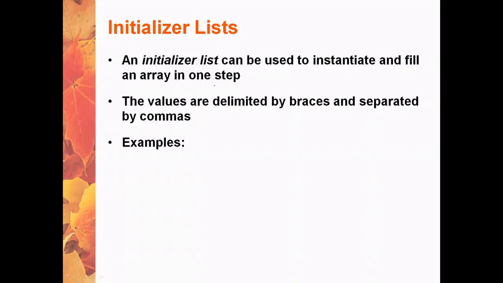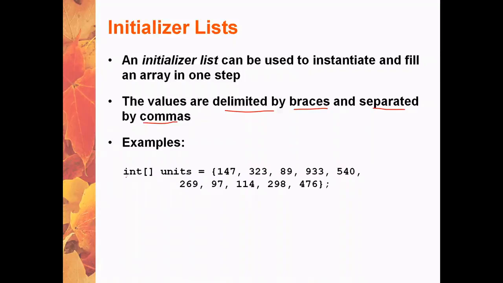Declare an array and store some values into it. How can it be done? The values are delimited by braces, or flower brackets, and separated by commas. So let us see one example here.